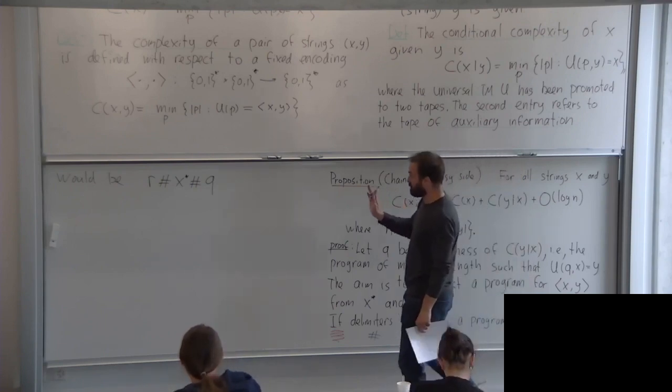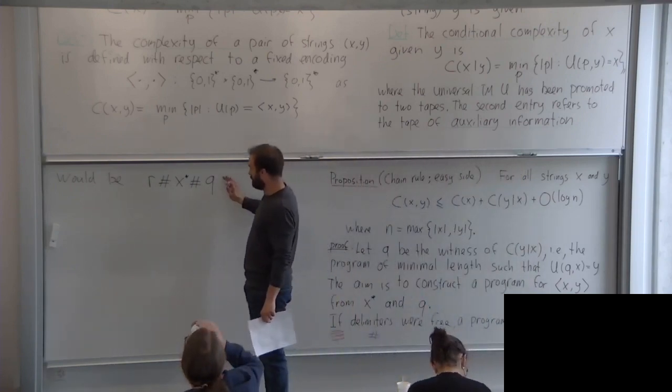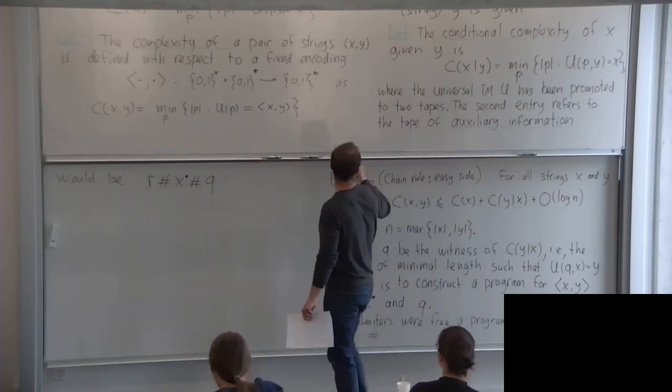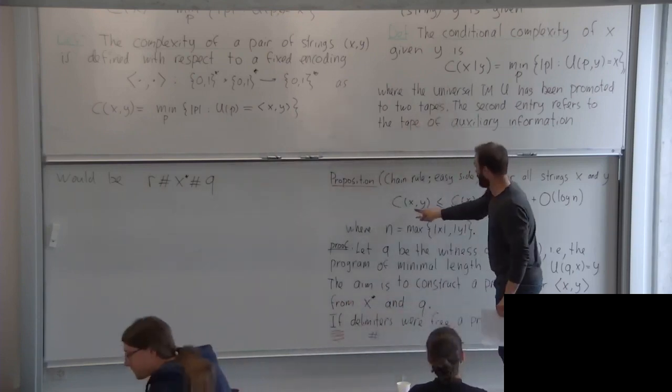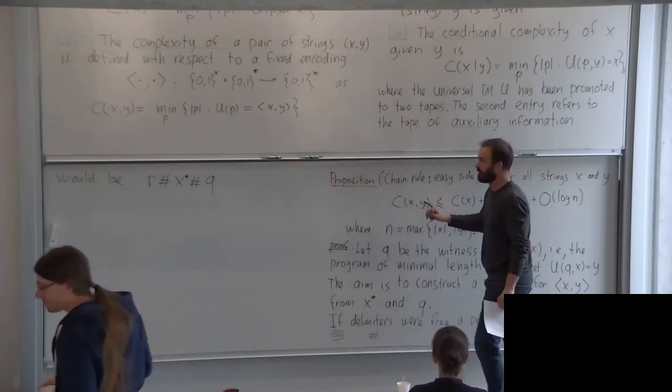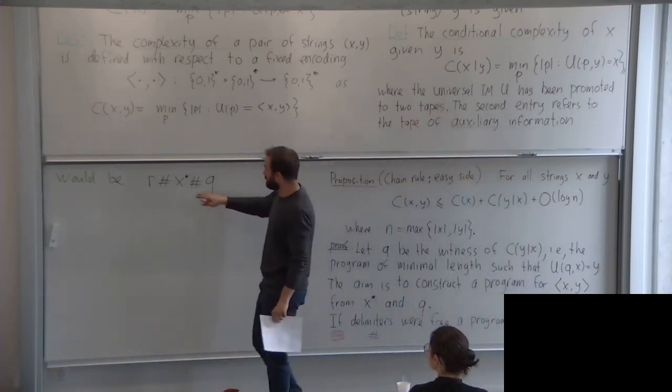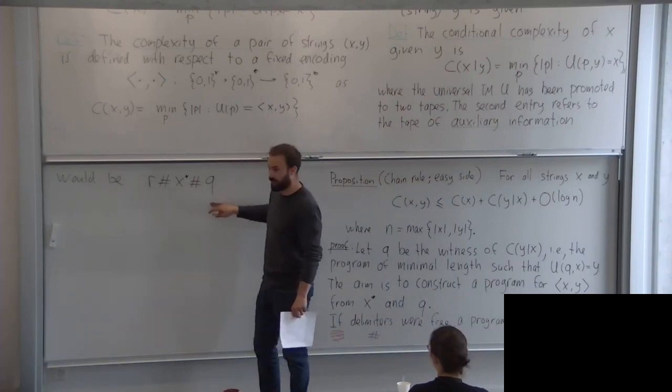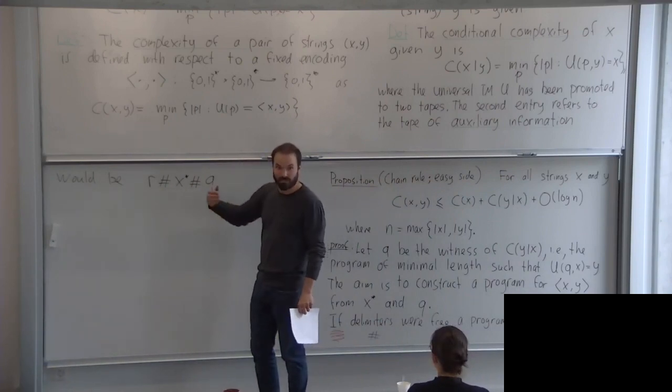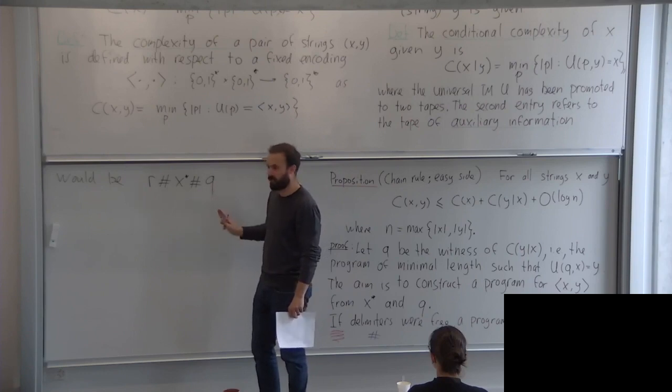What you need is a program to produce the pair xy that uses, yes, x star and q, fine, but it has to be only made of zeros and ones.